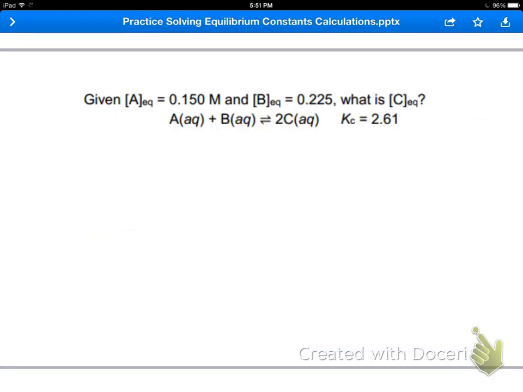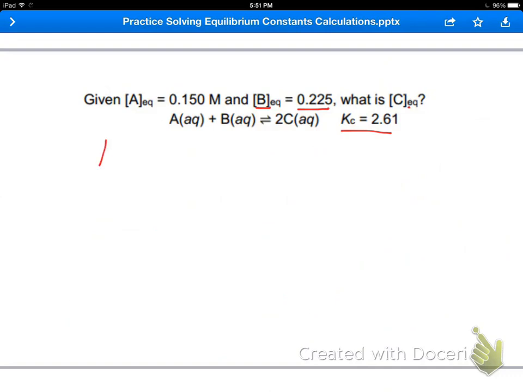Okay, let's take a look at the next one. Given that I have a concentration of A of 0.15 and a concentration of B of 0.225, these are both at equilibrium. What is C at equilibrium? So my Kc is given to me, and my concentrations of A and B at equilibrium are given to me.